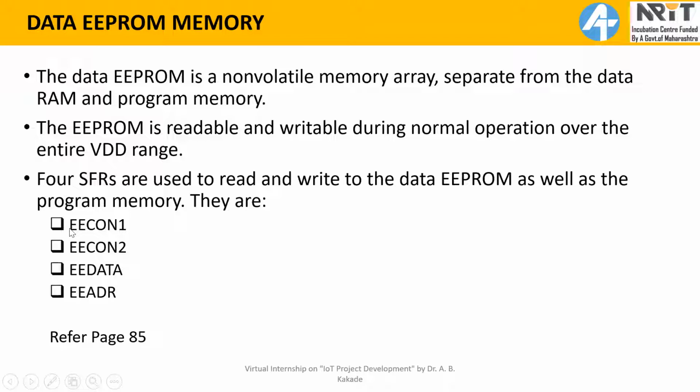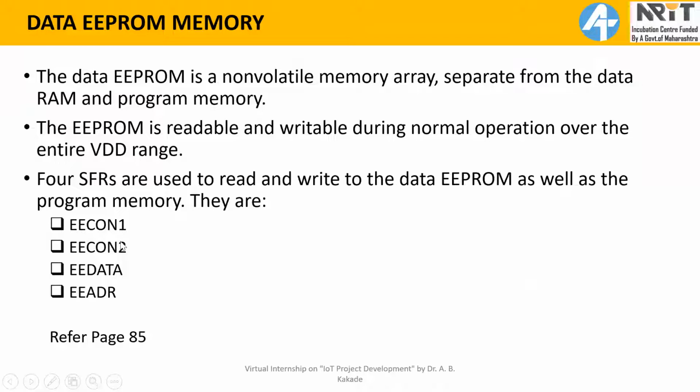There is first SFR called EECON1, EEPROM control register 1. With the help of bits in this register, we can select EEPROM memory for write operation or program memory for write operation. And there are other bits with the help of which we can decide whether we want to perform read operation or write operation.